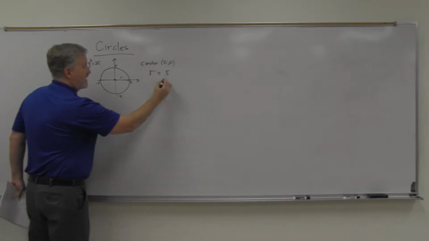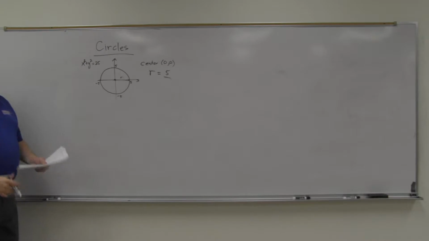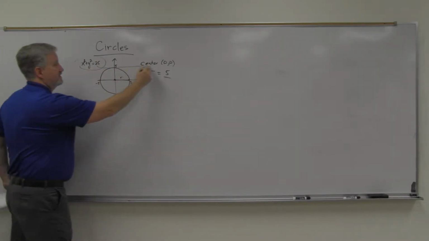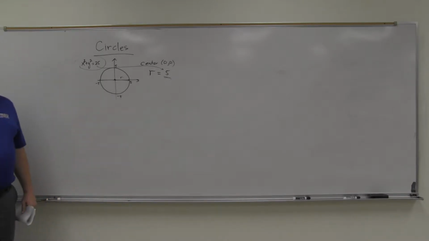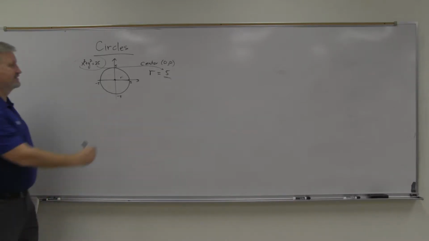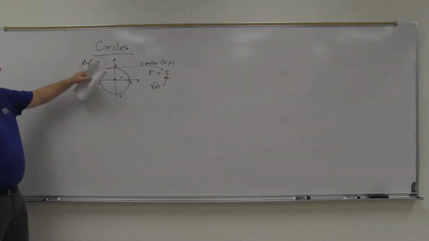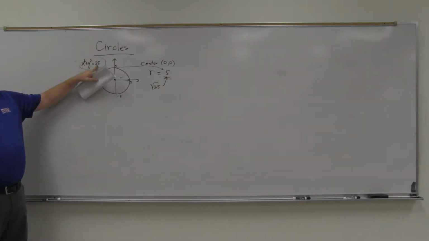But you see how that 5 comes in from this equation here? Isn't that 5 related very much to that 25? Square root. It's the square root of 25. Or another way to put it, this number right here is r squared. It's the radius squared.